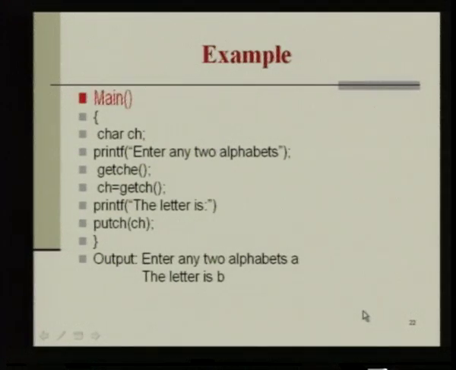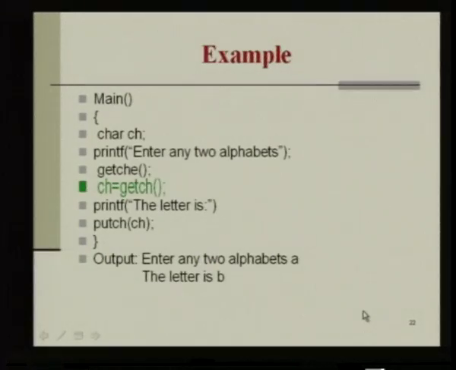So, this is an example for these alphanumeric characters. You have the start, you have the brace, and you have the declaration char ch. And now you are printing a line on the screen, enter any two alphabets, and you are using getche to accept one alphanumeric character. So, this will be accepted as well as displayed on the screen.